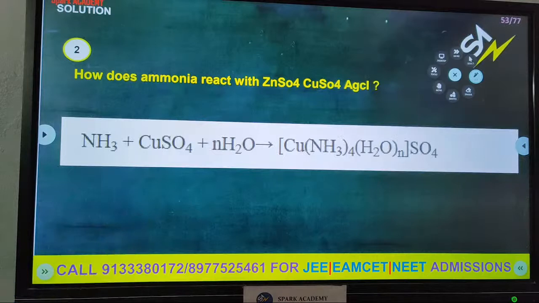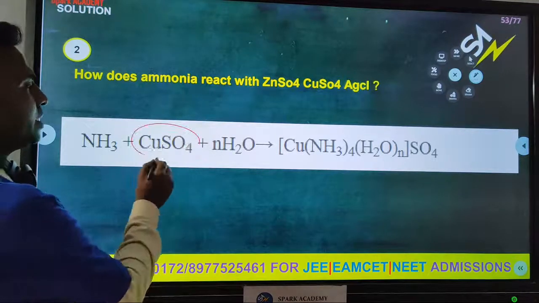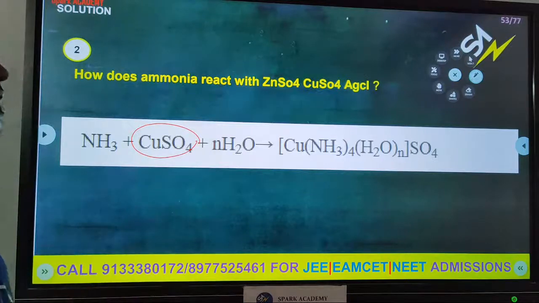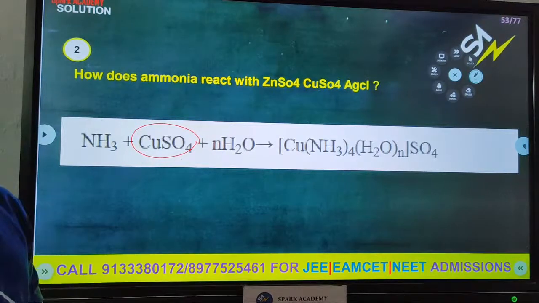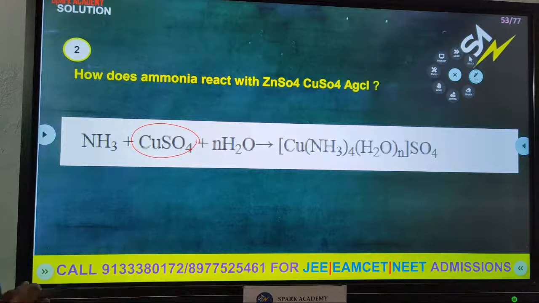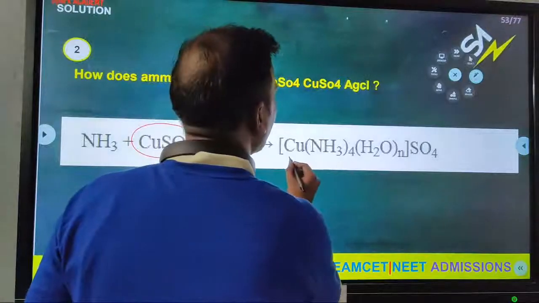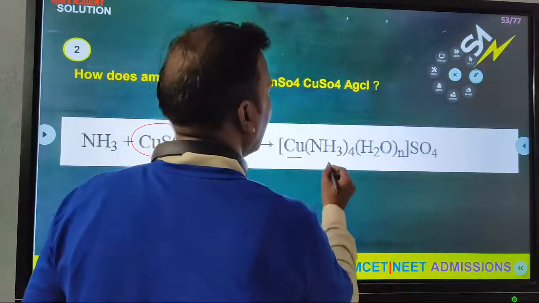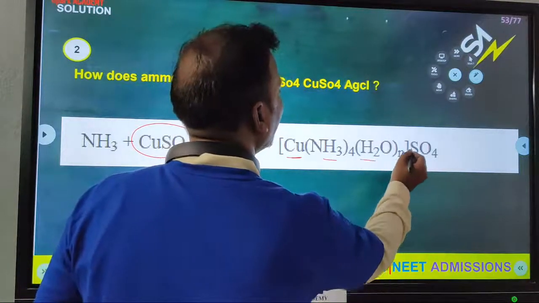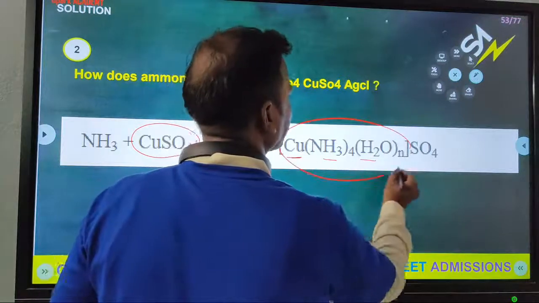Next, ammonia reacts with copper sulfate. CuSO4 is copper sulfate, in aqueous water. In the presence of water, ammonia reacts with copper sulfate solution, giving a complex containing ammonia and water molecules.